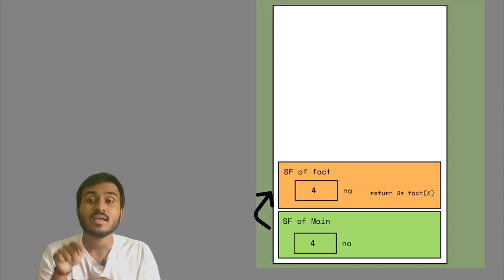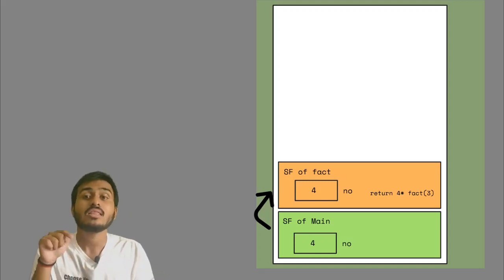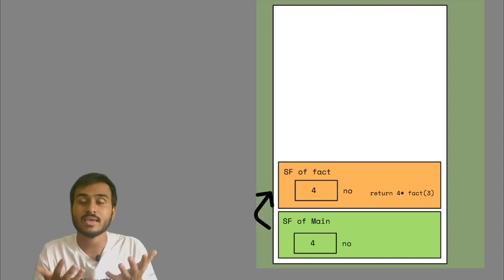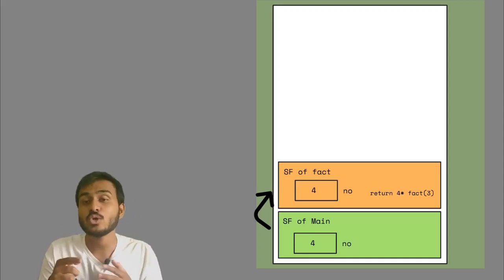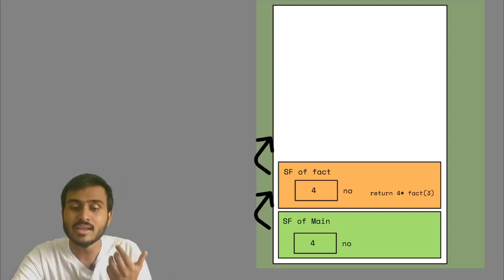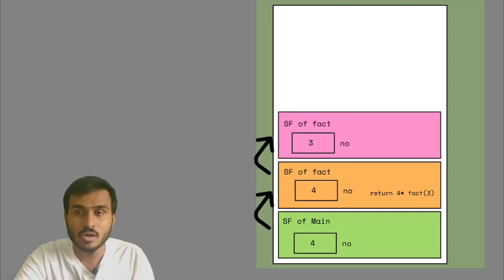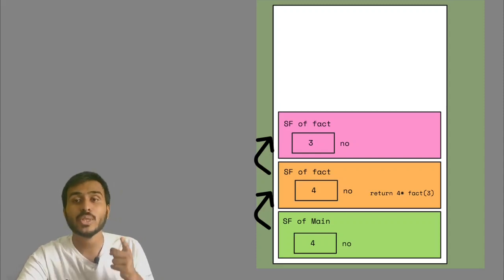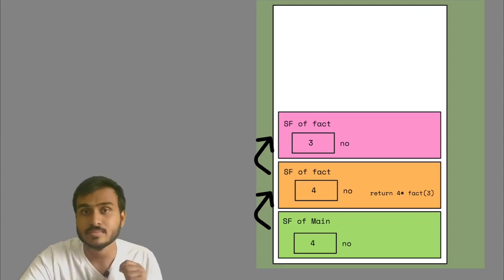Since fact of 3 is another function call, this function will again be triggered from the same function. So we can say that it is a recursive call to the fact function. Another fact function will be called, but this time with argument 3.